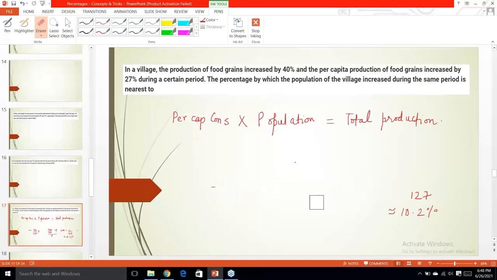You can also do it by the method of successive change. Some of you might ask, how is successive change applicable here? Assume that the initial per capita consumption was C, the population was P, and the total production was T. Now, you increment C by something, and you change P also by something, so T would also change.